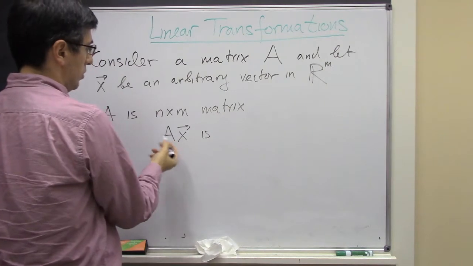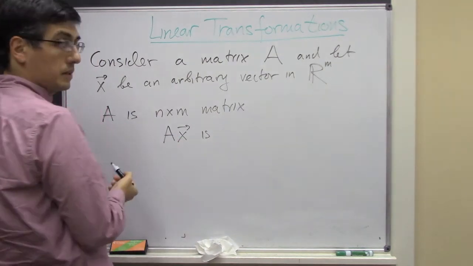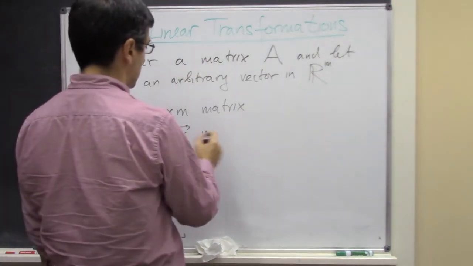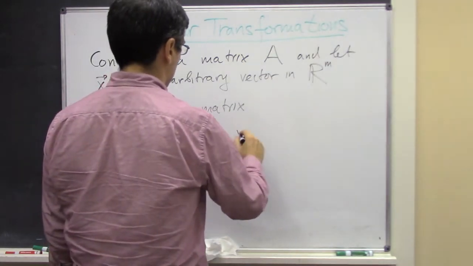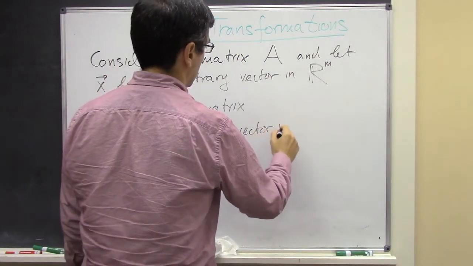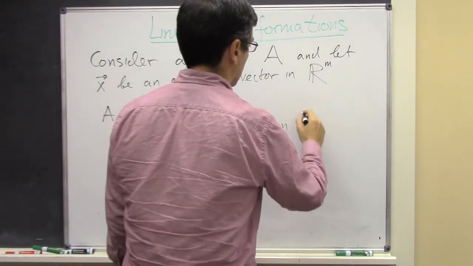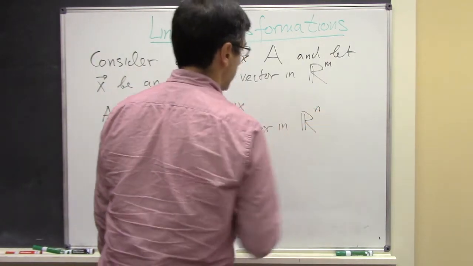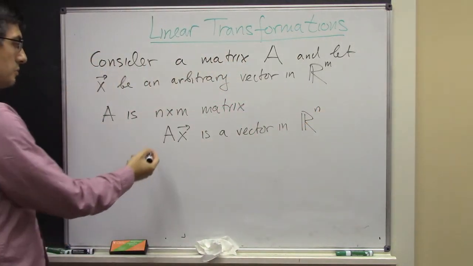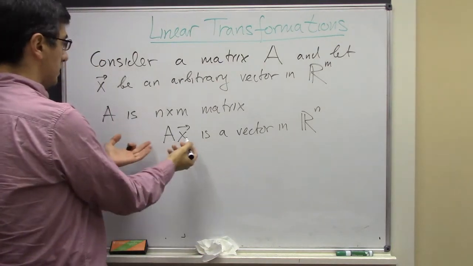If you multiply this matrix by the vector x, this is a vector in R^n. Because remember what this vector is.